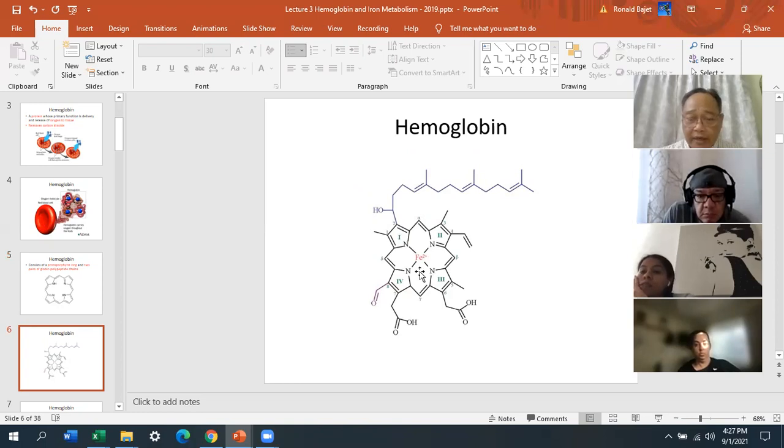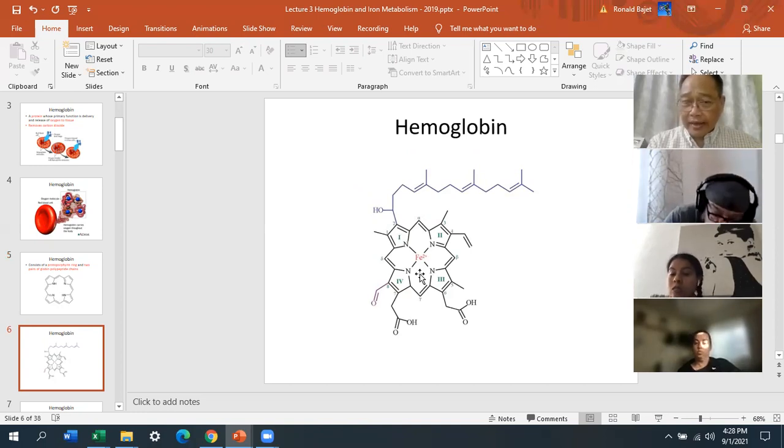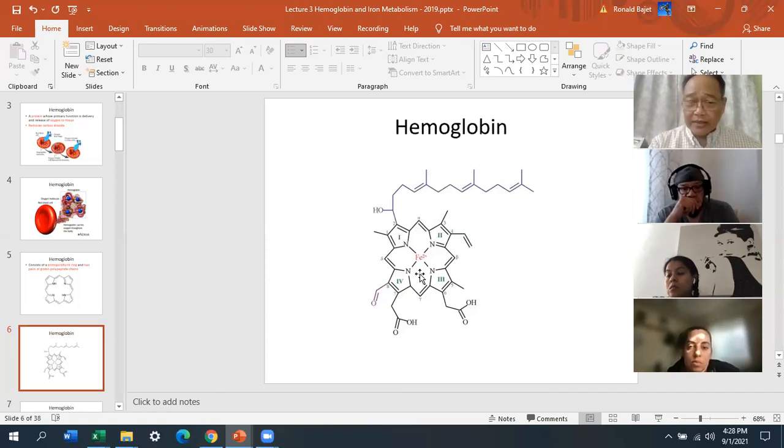You can see that it's Fe2+. Fe2+ is the ferrous state. I always got this confused when I took chemistry, but I finally learned that you just have to memorize it, but I have a trick for you. Fe2+ is the ferrous state and Fe3+ is the ferric state.